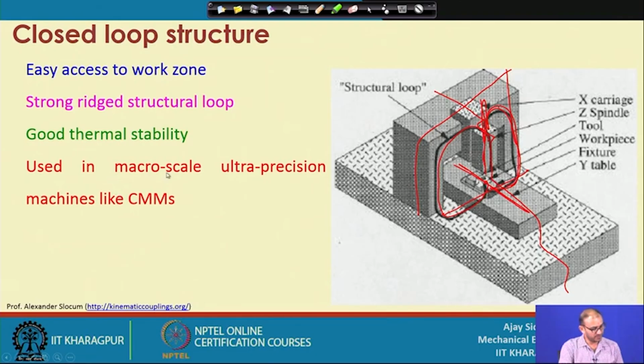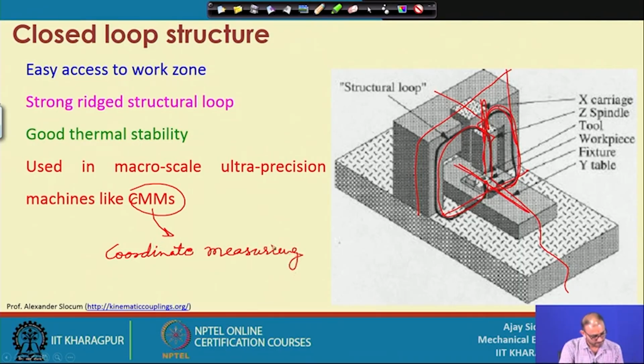Mostly it is used in macro scale ultra precision machining and in CMM. CMM is the coordinate measuring machine. Now, what does this machine do? You put a workpiece here and there is a probe. Suppose this is the workpiece and this is the probe.